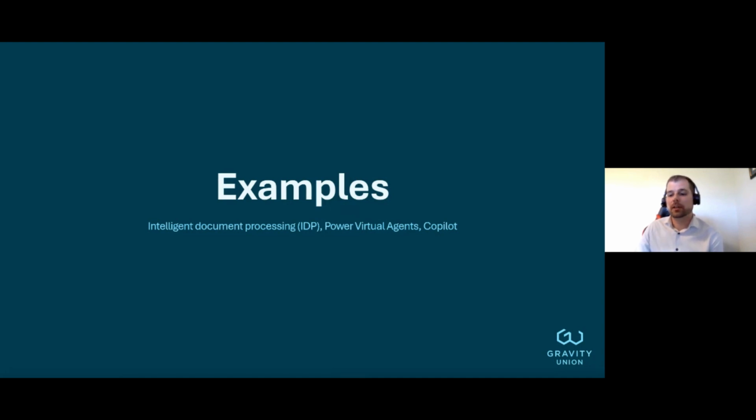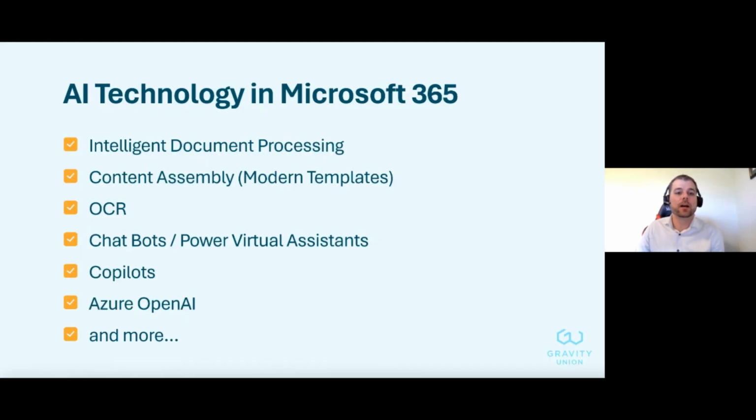Okay, I know we're coming close on time here, so quickly we'll jump through some real quick examples. There is a lot of AI technology in Microsoft 365. We have intelligent document processing, content assembly, OCR, chatbots, Power Virtual Agents, which is now actually called Copilot Studio.